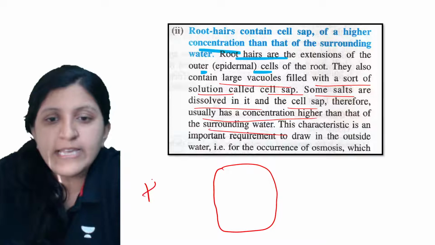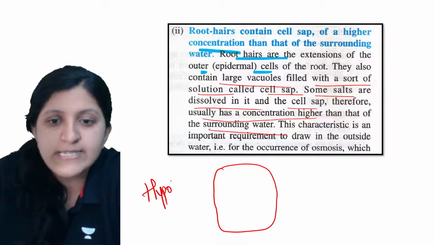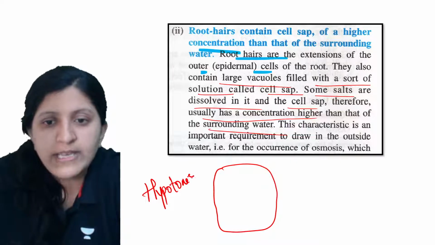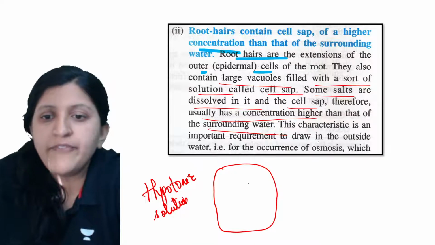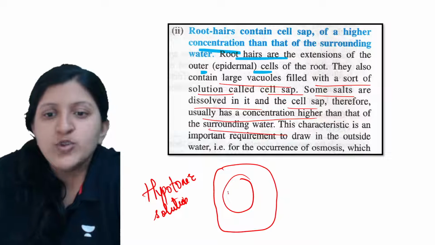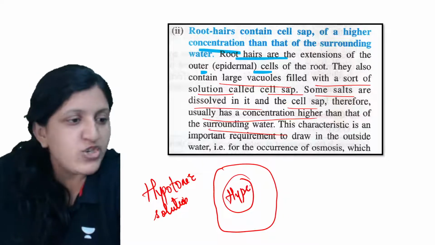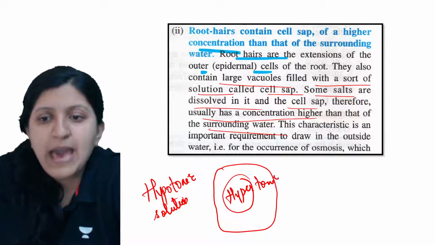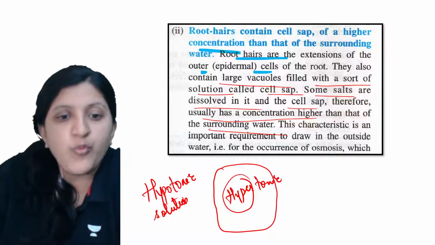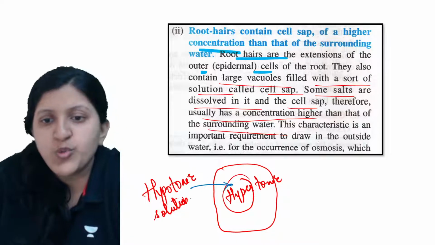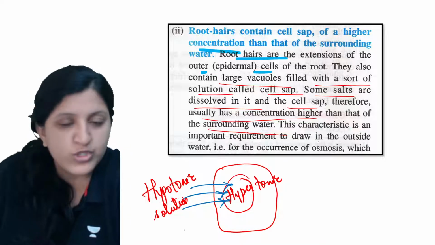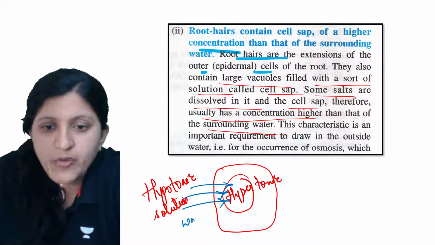Surrounding it is a hypotonic solution, and inside the vacuole a hypertonic condition is maintained. So the water will move from the hypotonic solution to the hypertonic solution. This is basically water movement.